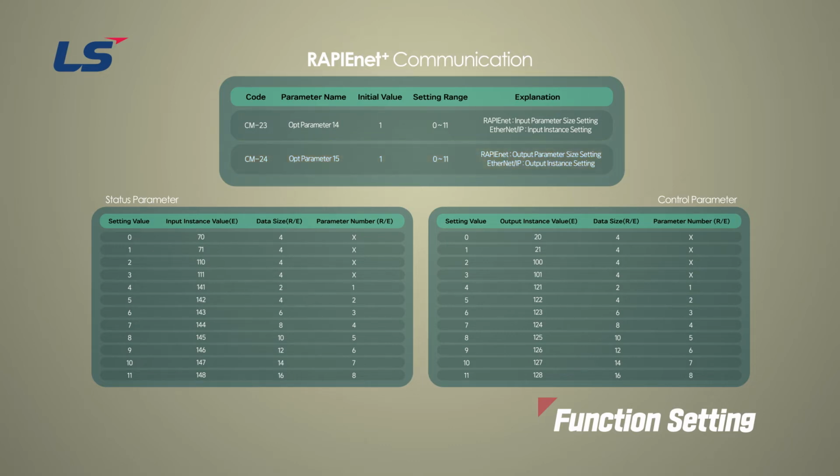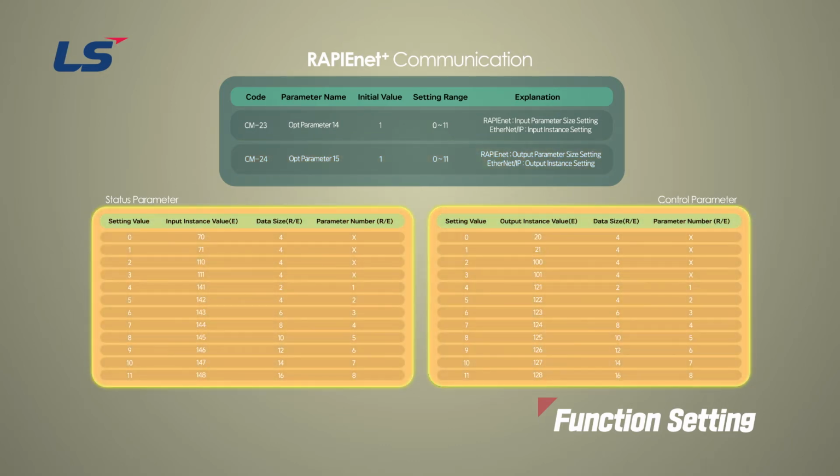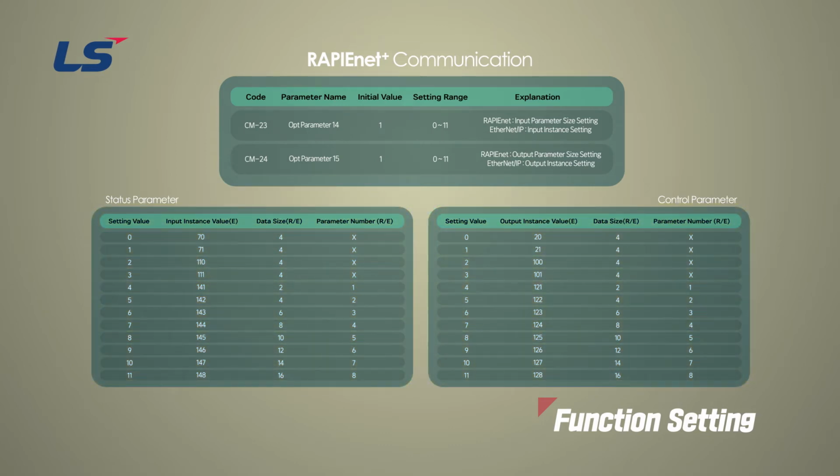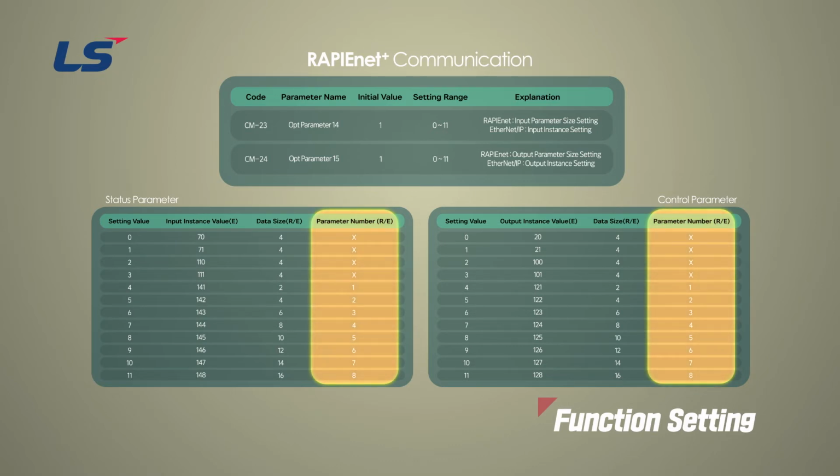As shown in the table below, the instance values of input and output are determined according to the setting values, and the number of parameters is also determined accordingly. Since it is possible to set up to 8 each, check the number of required data before setting.